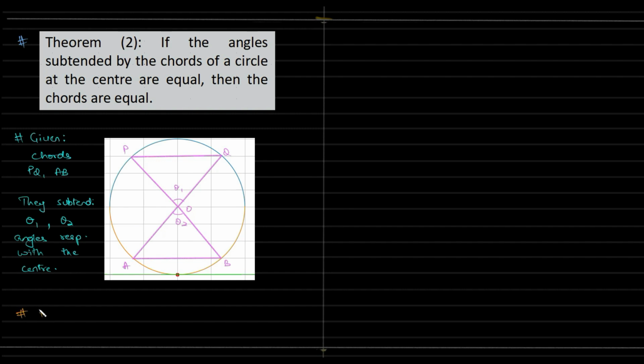So we need to prove AB is equal to PQ. And theta1 is equal to theta2, that's one more thing that is given.